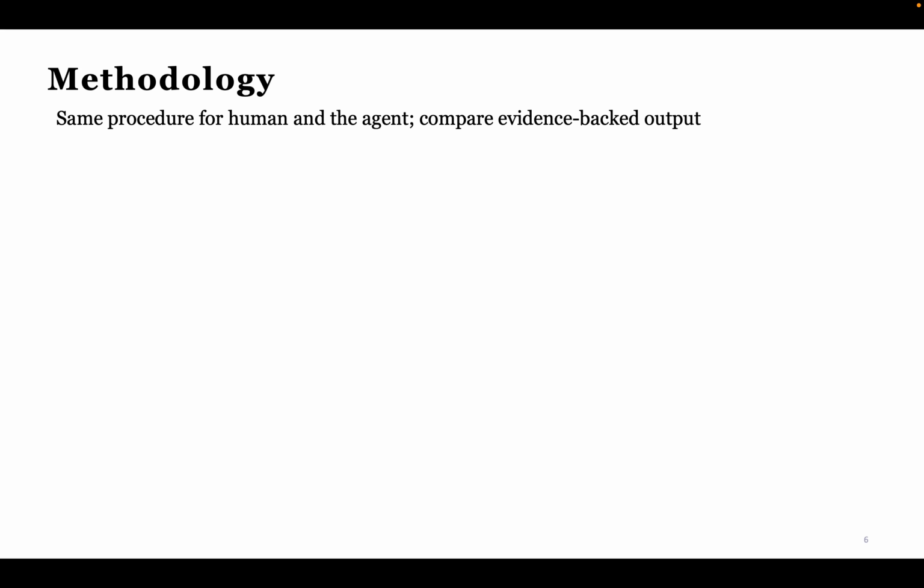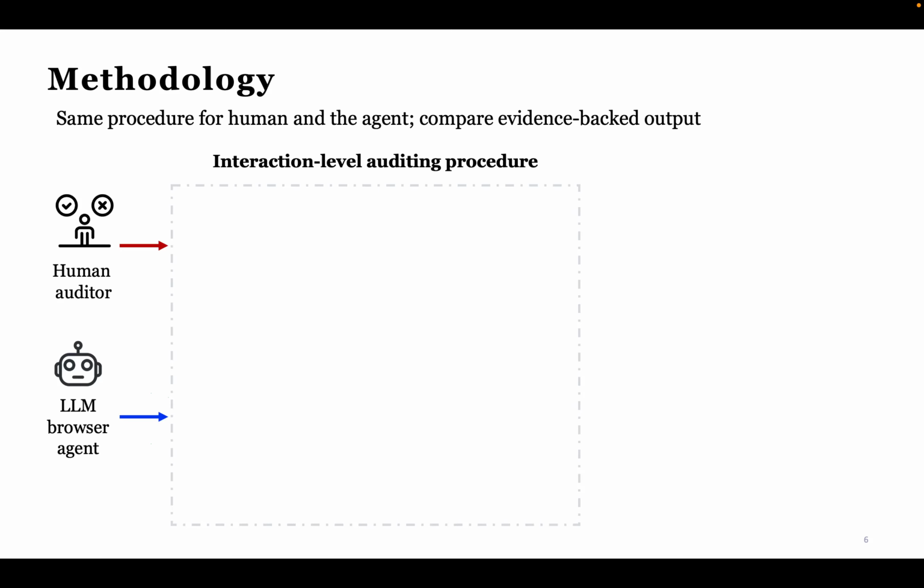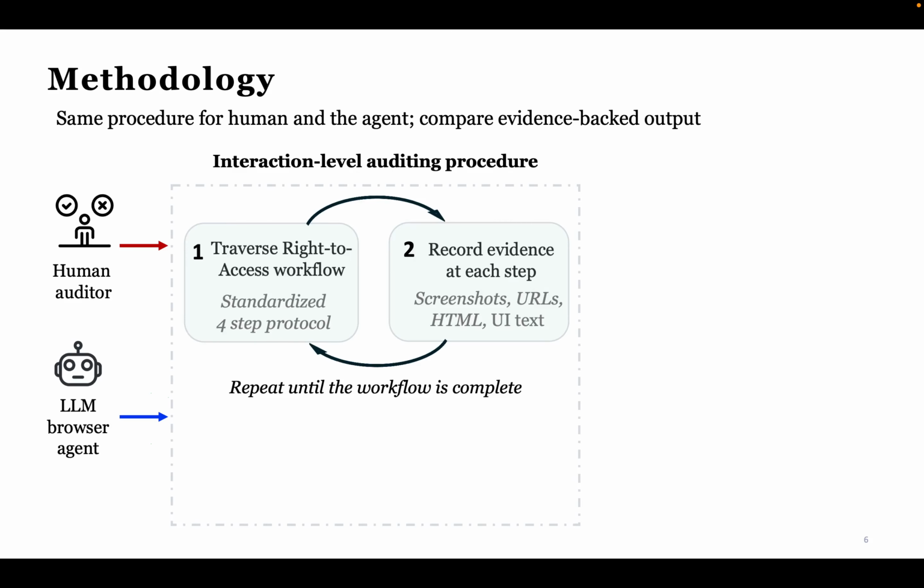Let's work through the detailed design flow. Both the human auditor and the LLM agent follow the same interaction-level auditing procedures. First, they traverse the standardized right-to-access workflow, and at each step, they record evidence, including screenshots, URL, HTML, and UI text.